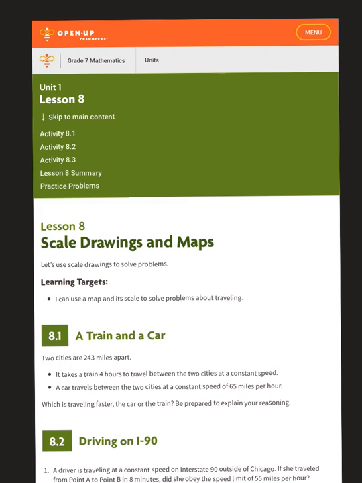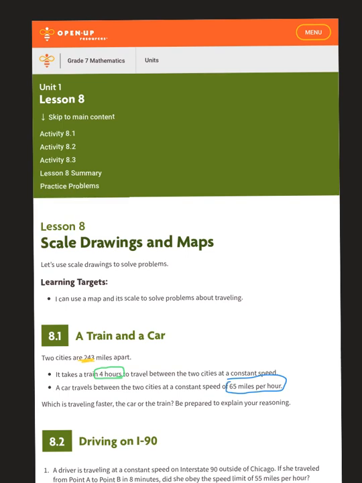Well, if you notice here, the cities are 243 miles apart. But the train, it tells me how long it takes. And the car, it tells me how fast they're going. So they give me two different things: time and speed.